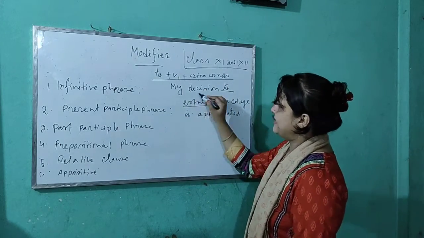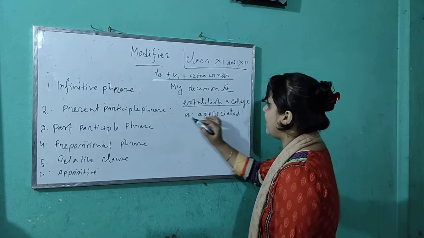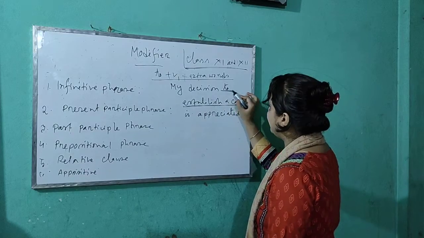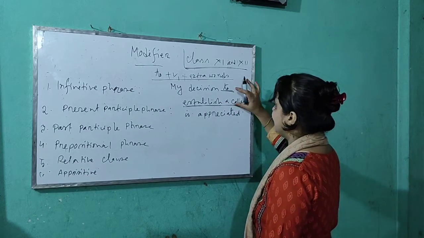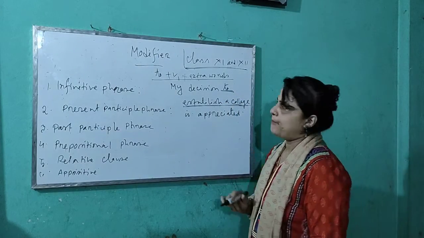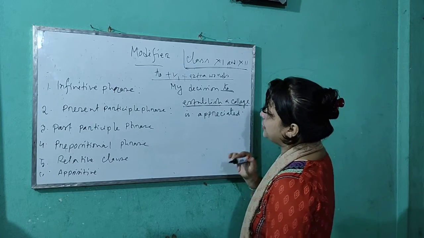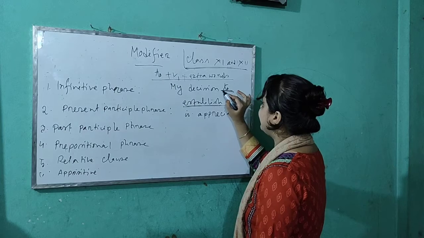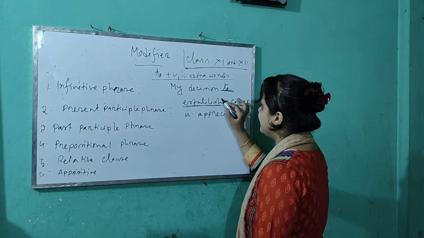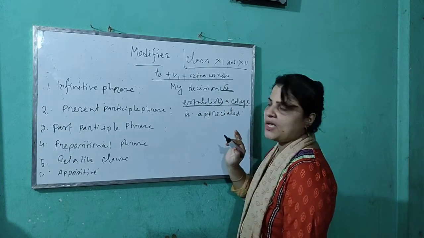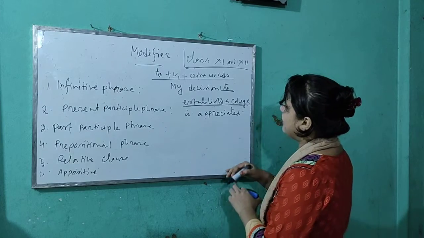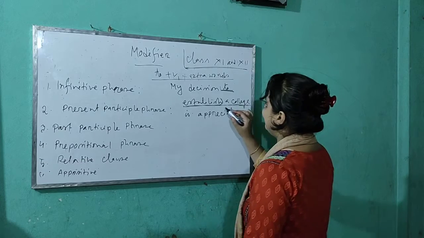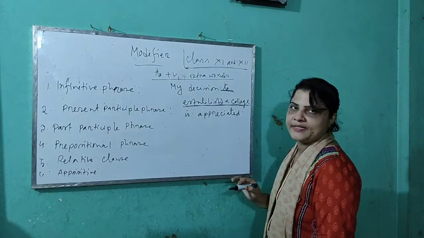In "my decision to establish a college", this whole part is called an infinitive phrase. But if you are asked to write the infinitive, then you will write "to establish", these two words. Whenever you make it a little bit longer, this is called infinitive phrase.